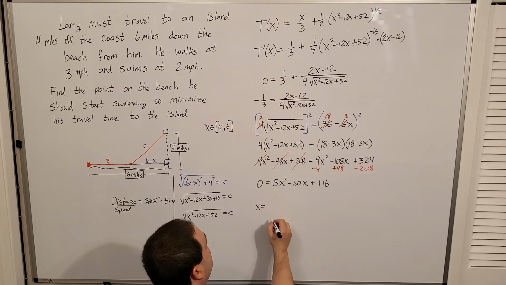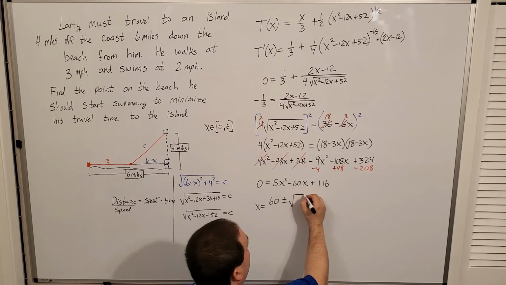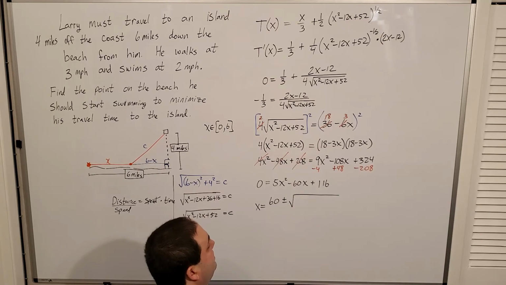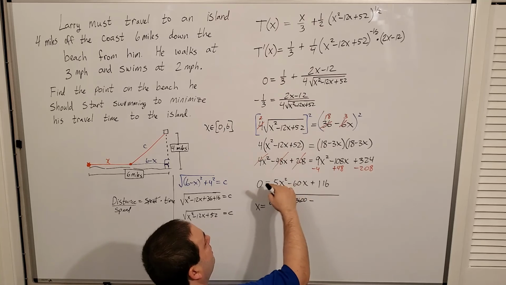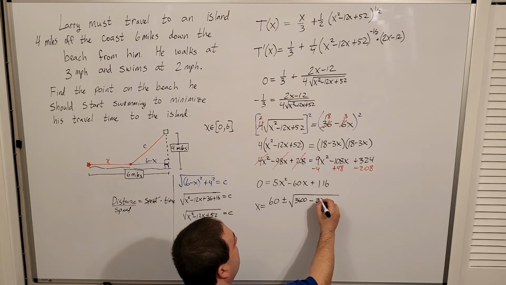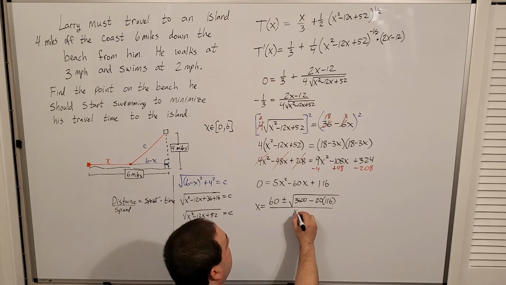X equals negative b, which is 60, plus or minus square root of negative 60 squared, which is 3600, minus 4 times a, that's going to be minus 20 times 116, all over 2 times a, which is 10.